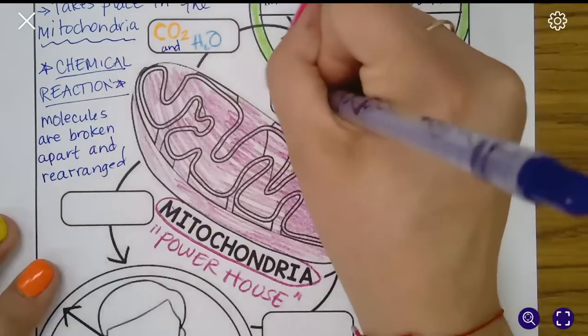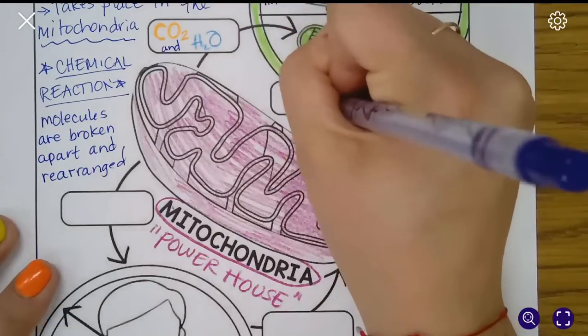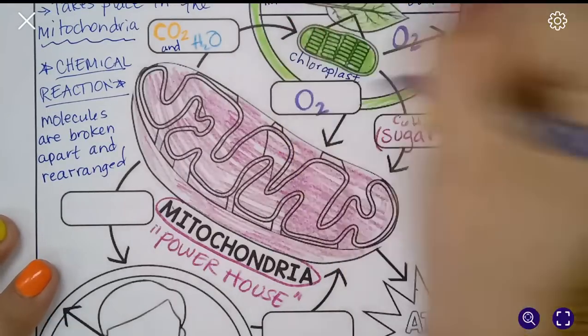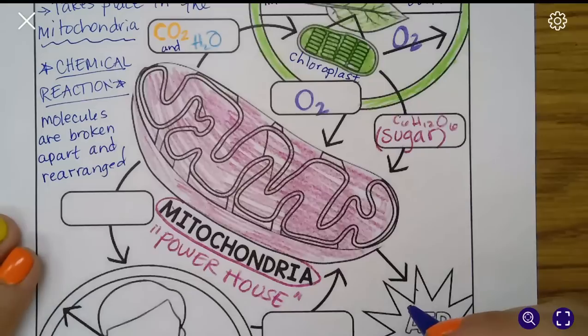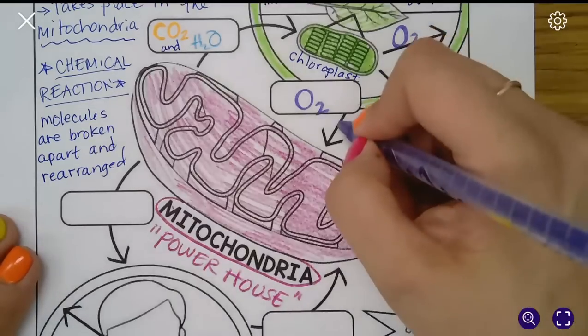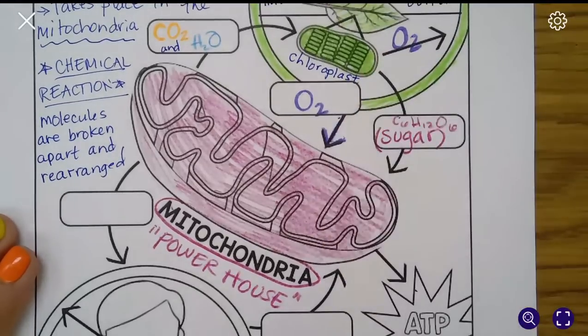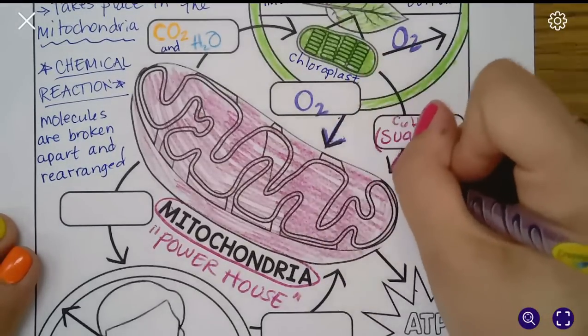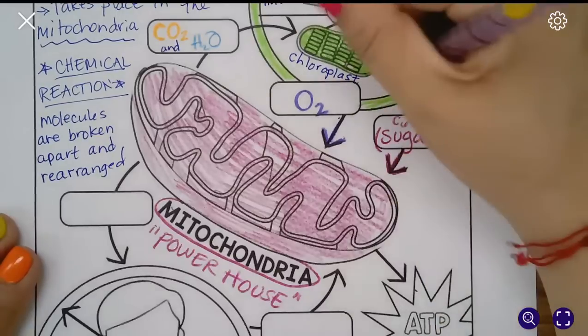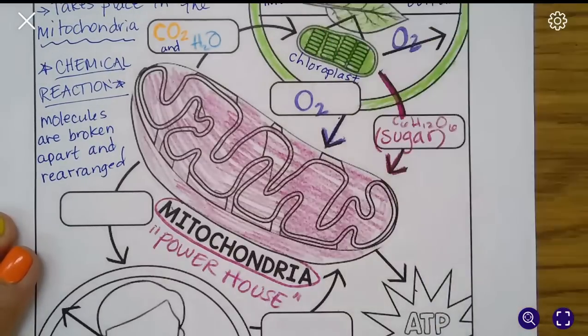So I'm going to put oxygen over here as well. Okay, so I have this oxygen coming in to the mitochondria. I have this sugar coming in to the mitochondria.